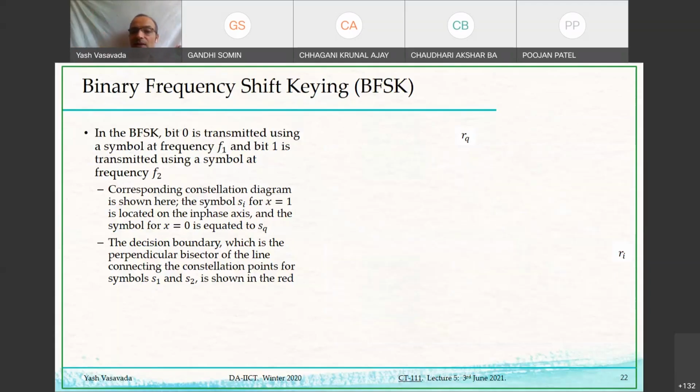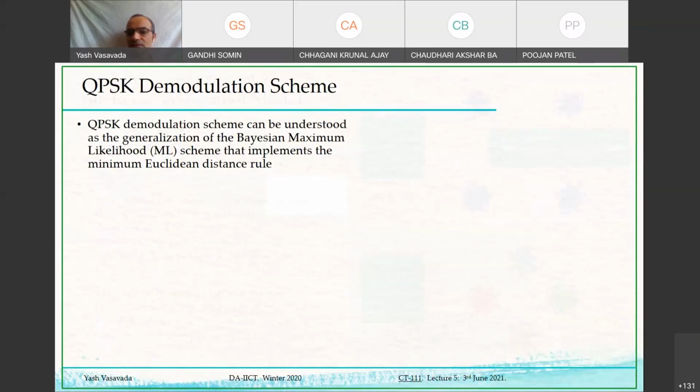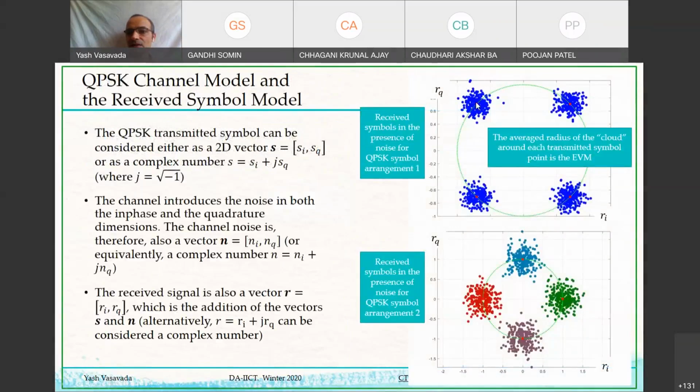But here we will be generalizing that concept. And when I say the actual transmitted signal is a linear superposition of the two EM waves, that is what it is doing over here. This particular constellation point is a linear superposition of the EM wave in phase and quadrature. And what is that linear superposition?